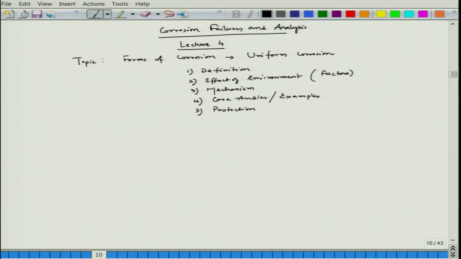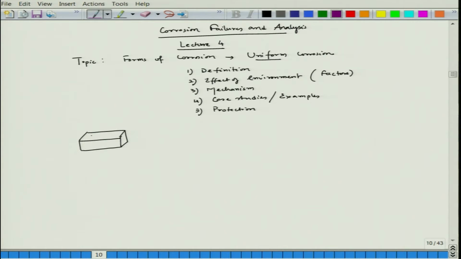Now, if you see the name itself, the uniform, for example, if you have an object like this, the corrosion can happen like this.